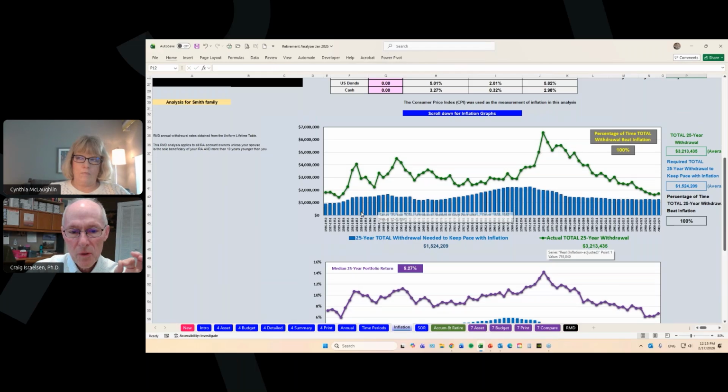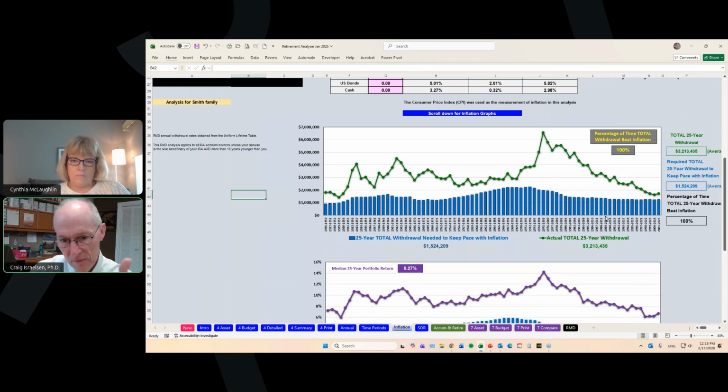The blue bars represent the total withdrawal needed in that 25-year period to keep pace with inflation. The green dot and the associated lines connecting them represent the actual total 25-year withdrawal. And you'll note that the actual total withdrawal in every case, in all 76 rolling 25-year periods, exceeded the needed amount to keep pace with inflation.